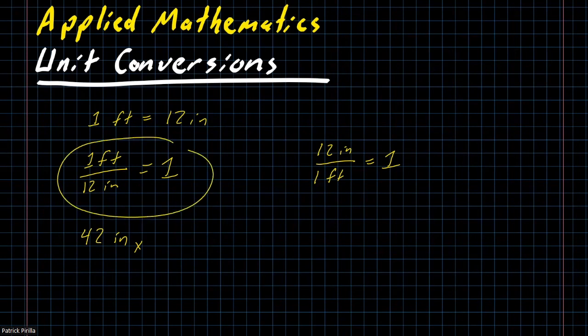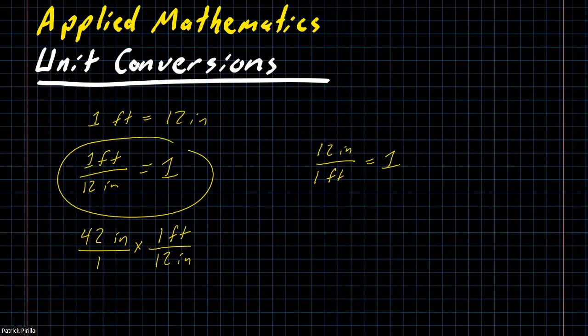I'm going to choose this variety of 1 in the form of 1 foot over 12 inches. Now, multiplying a whole number times a fraction is a little bit messy. Generally speaking, we take the whole number and we divide it by 1 because dividing by 1 doesn't change anything. And now it looks like two fractions being multiplied.